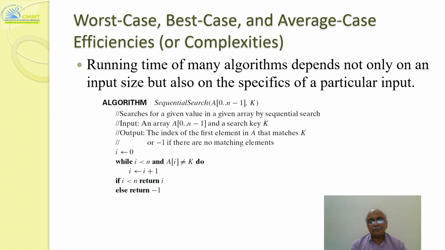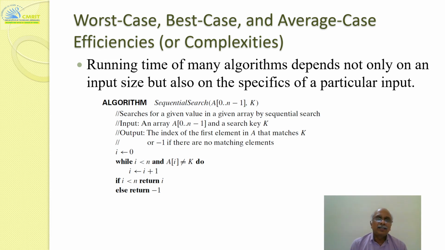So the number of operations performed varies from a few constant operations to n. So we say that in the best case, that is, the key is found as the first element, the complexity is a constant. In the worst case, that means the element is not present in the array, the number of operations performed is n.